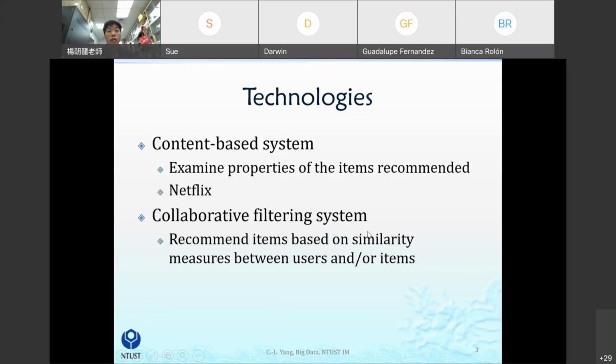And another one is called the collaborative filter system. It basically wants to recommend items based on similarity measures between users or items. So collaborative filter systems have two major types. One is the user-user collaborative filter.